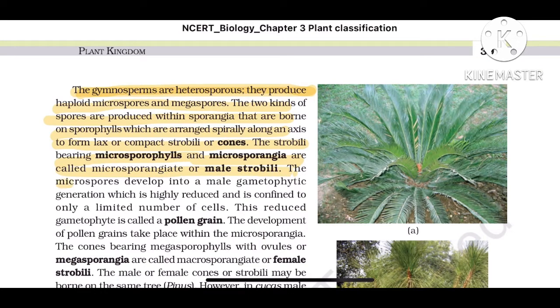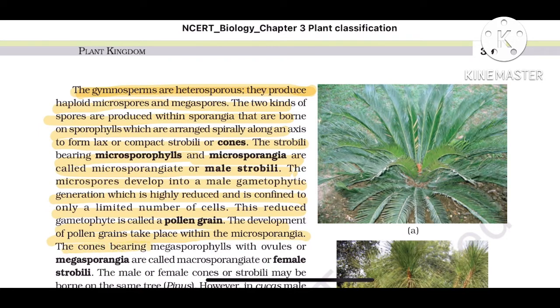The microspores develop into a male gametophytic generation which is highly reduced and is confined to a limited number of cells. This reduced gametophyte is called a pollen grain. The development of pollen grains takes place within the microsporangia.